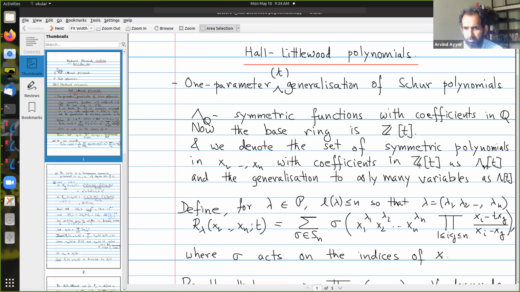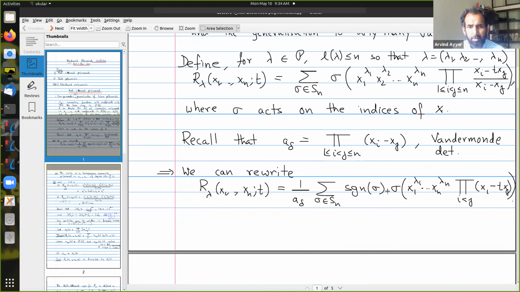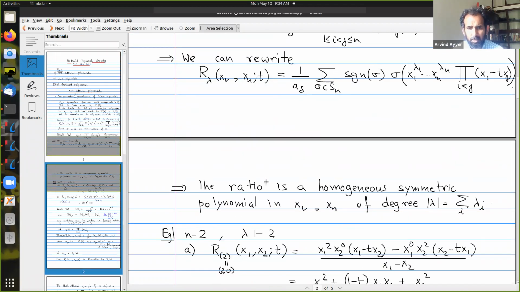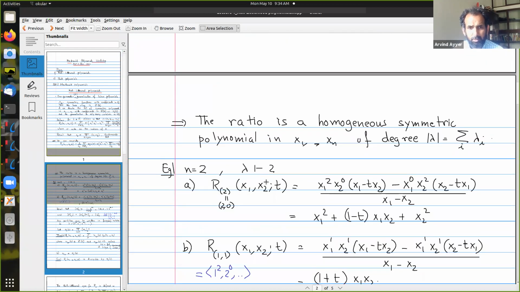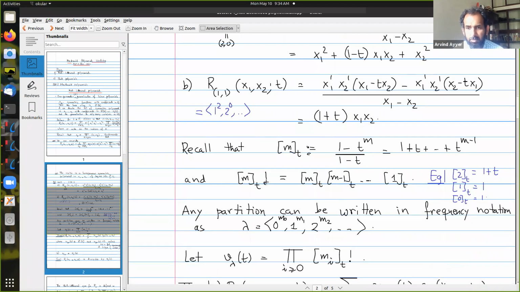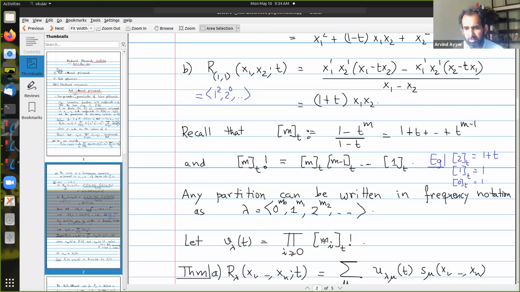And if we fix the number of variables to be n, then we'll say lambda sub n adjoint. And we define these polynomials for lambdas, and then we showed that they're divisible by these products of t-factorials, t-analogs of factorials.